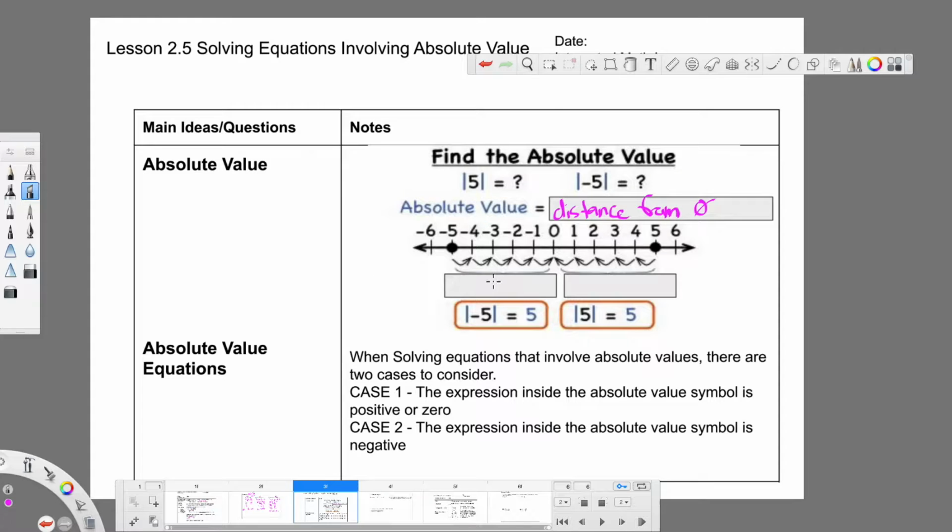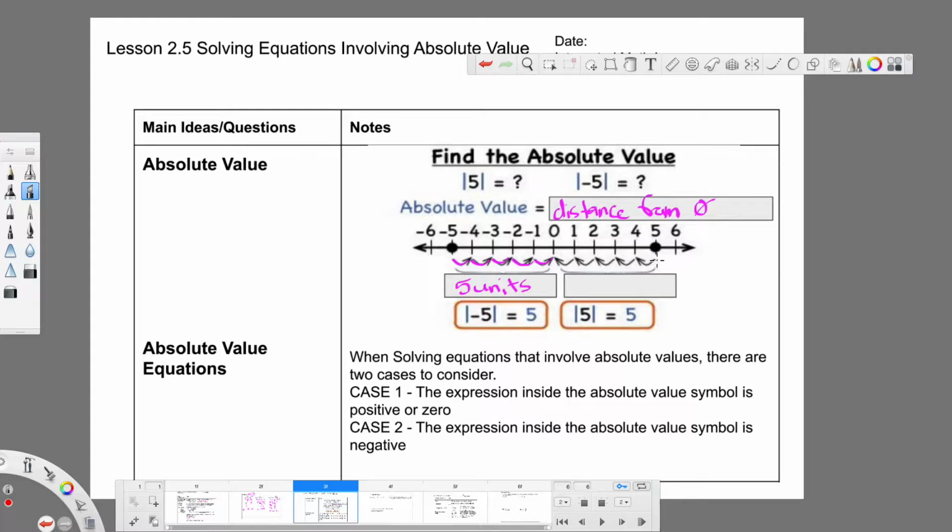With this one, what we're trying to show is we have the absolute value of 5 equals question mark. The absolute value of negative 5 equals question mark. We want to show that it's 5 units from 0. So I can see 1, 2, 3, 4, 5. And I'll do this one in a different color on this side.